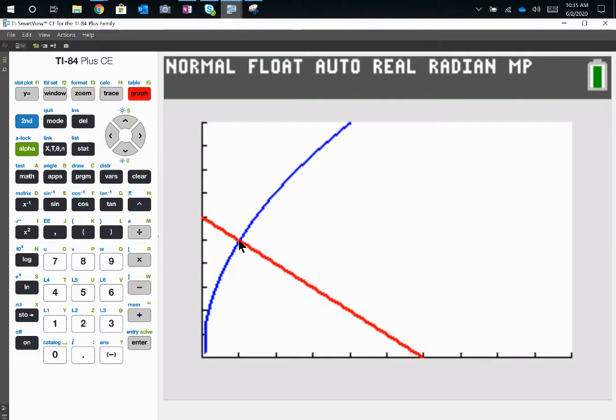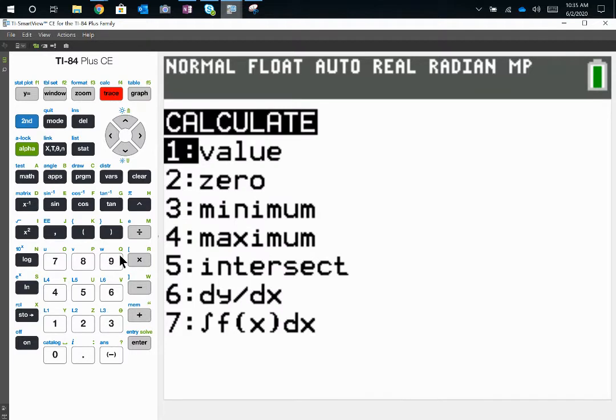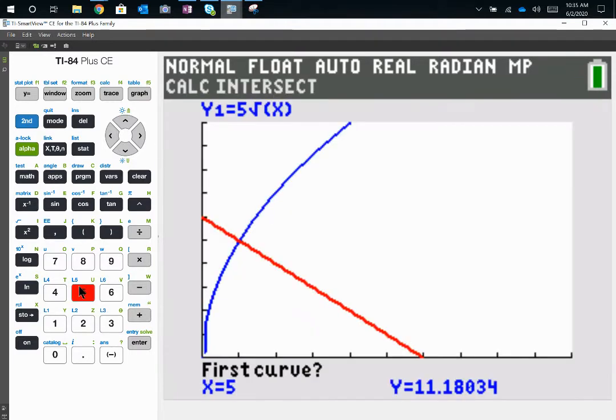And it's asking us where that intersection point is. Okay, so it looks like it's at 1 and 5, but we're going to ask the calculator to figure it out for us. Calculate intersect. So move the spider until you can see it. You have to move that spider until you can actually bring it into view.